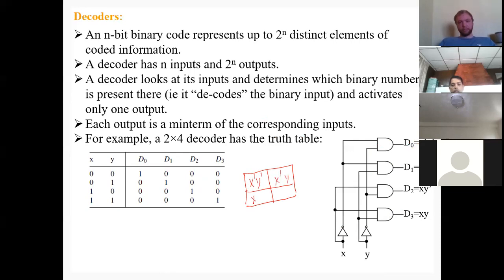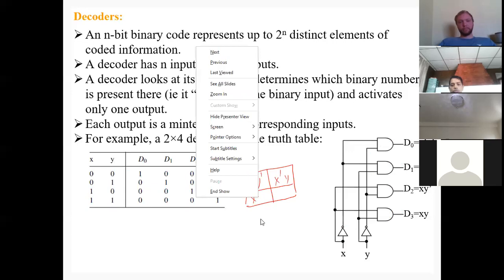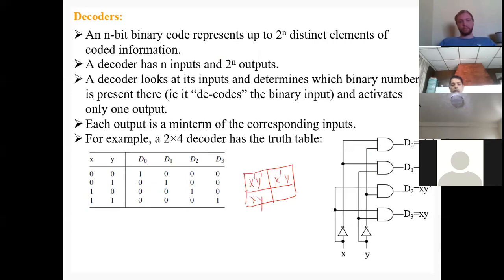This is x y prime, this is xy, right? Remember we did that in the case of K map. What are these called? Min terms, right? So these are called min terms.